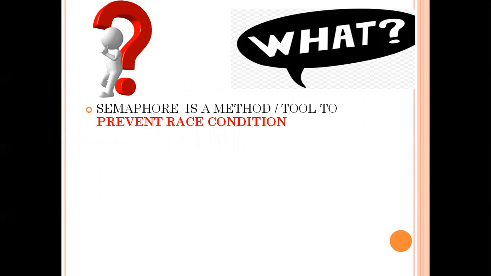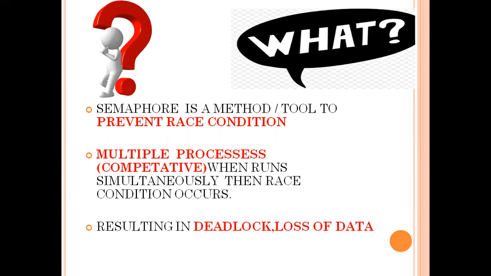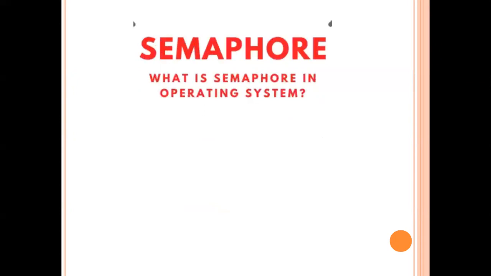It is advantageous, but it also has a negative effect, that is, the race condition might occur when multiple processes, especially if they are competitive processes, have to access the same block of memory or the same code. This race condition can be really dangerous as it may result in deadlock or loss of data, which is not very good. So here semaphore comes to our rescue.